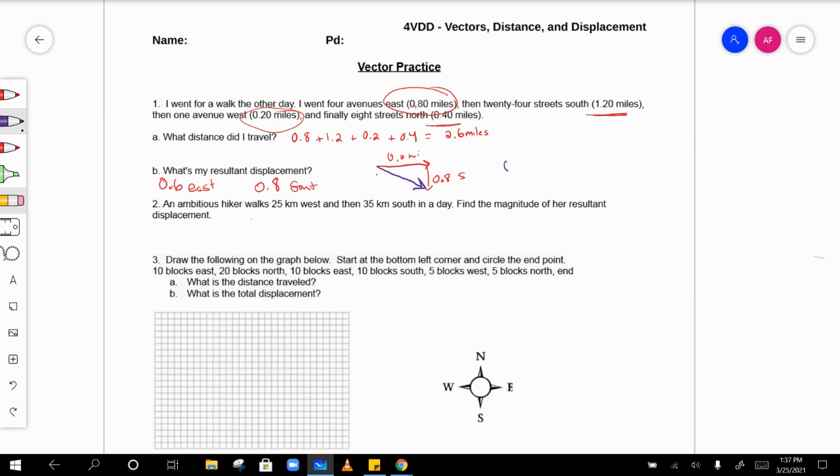We use the Pythagorean theorem, 0.6 squared plus 0.8 squared, take the square root of it, and we get, just so happens to be 1. And the direction would be southeast.